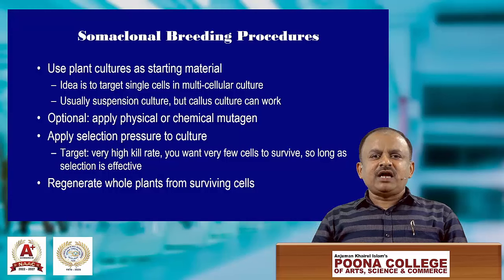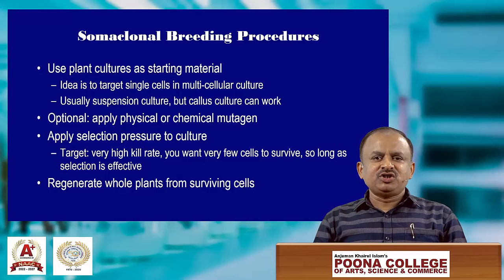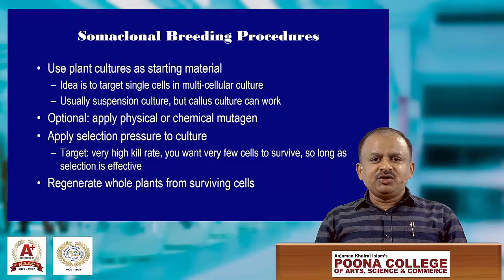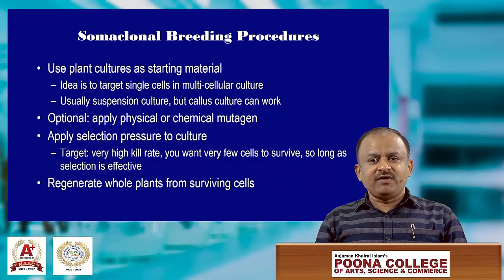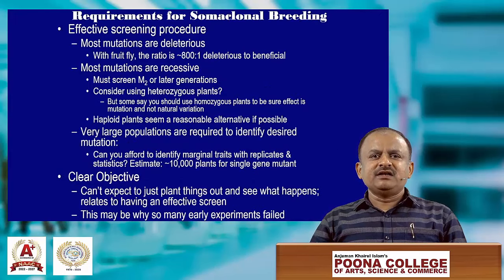The idea is to target cells in multicellular cultures, usually suspension culture, but callus culture can work. Optionally, apply a physical or chemical mutagen, and apply selection pressure to the culture. When targeting a specific culture, you want a very high kill rate, with very few cells surviving, so long as selection is effective. Then regenerate whole plants from the surviving cells. So these are the certain requirements.